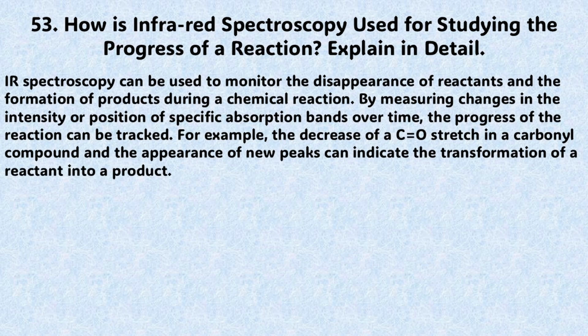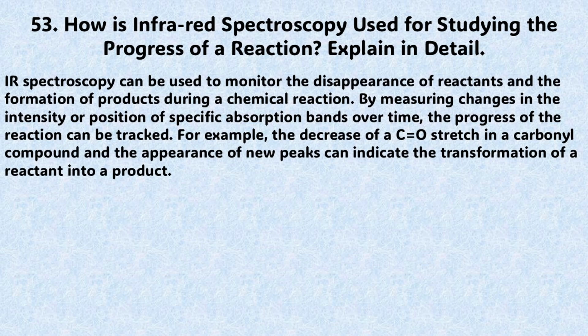The next question is question number 53. How is infrared spectroscopy used for studying the progress of a reaction? Explain in detail. The answer to this question is very simple. Infrared spectroscopy can be used to monitor the disappearance of reactants and the formation of products during a chemical reaction.